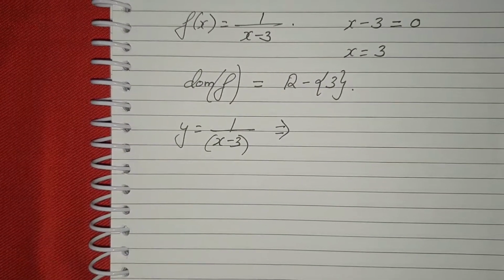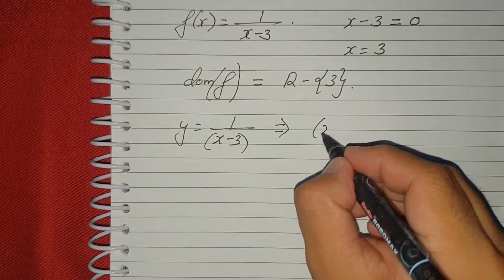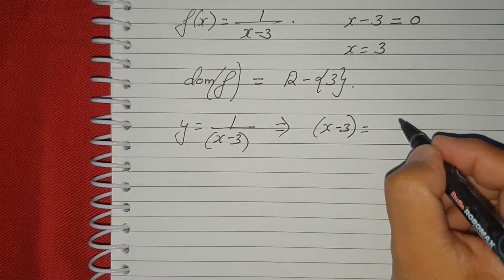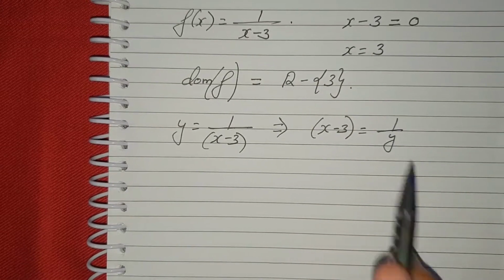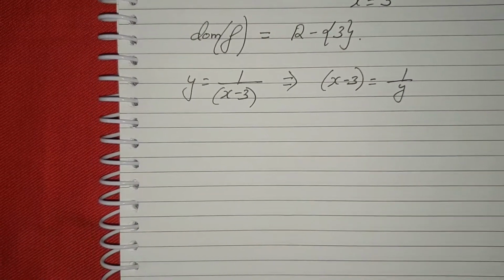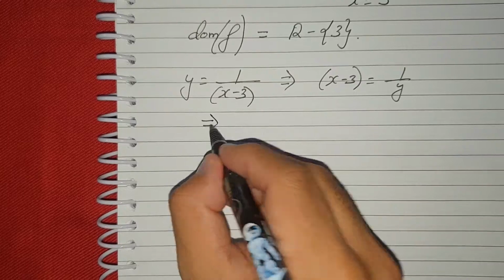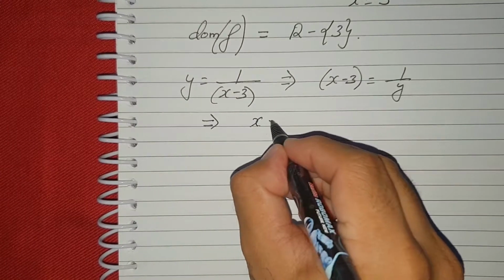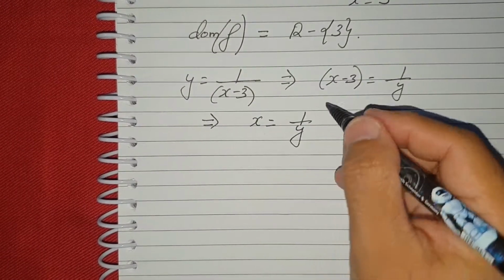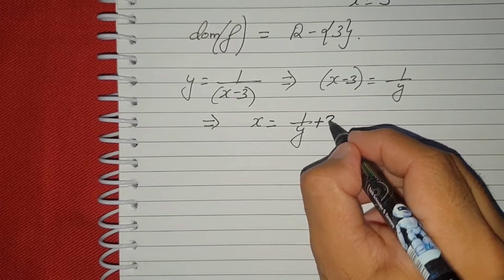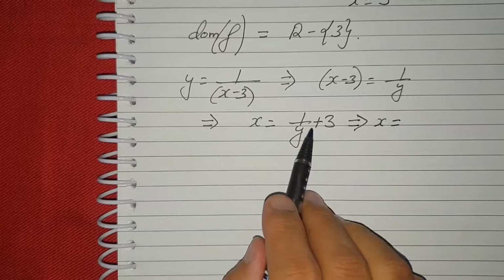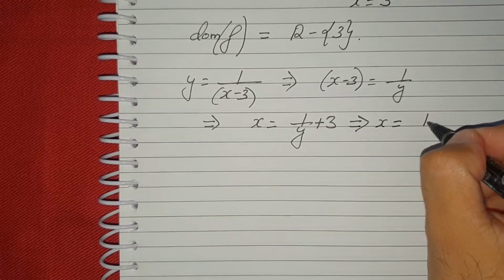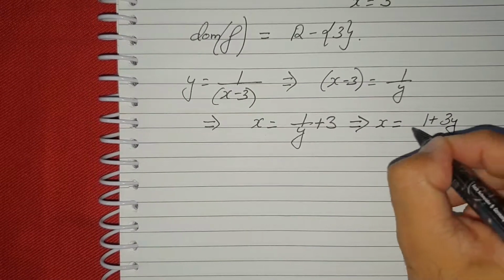Solving it further, cross multiplying, x - 3 = 1/y. This implies x = 1/y + 3, which again implies x = (1 + 3y)/y.